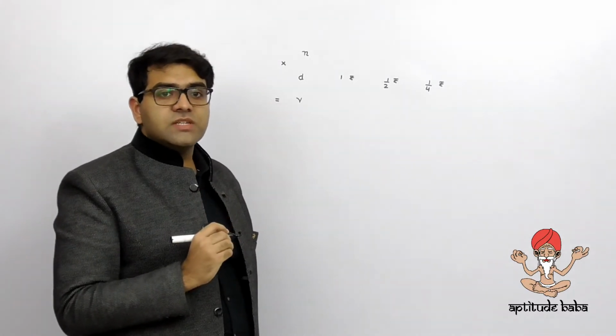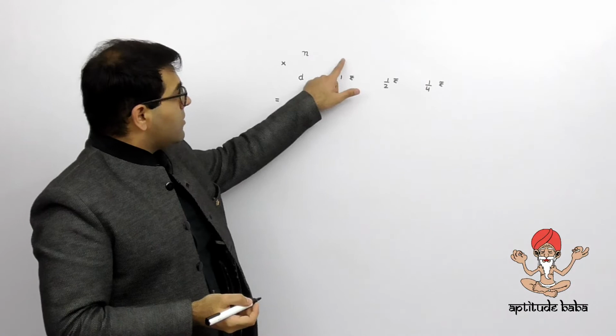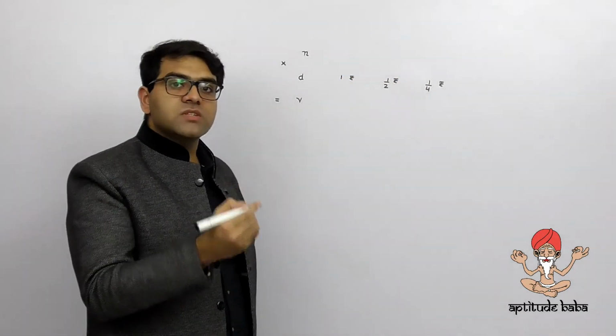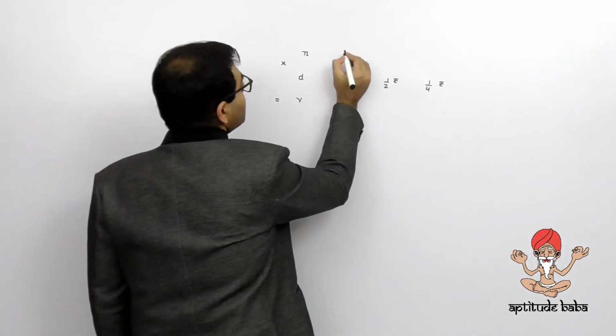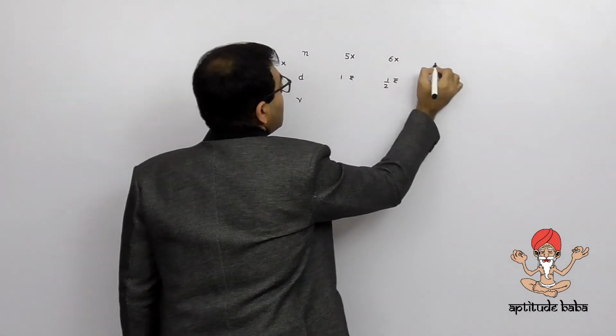Further, my question says that the number of 1 rupee, 50 paisa and 25 paisa coins in the bag is in ratio 5:6:8. So the numbers of these coins are in the ratio 5:6:8. So if I have to suppose the numbers, then they must be supposed as 5x, 6x and 8x.